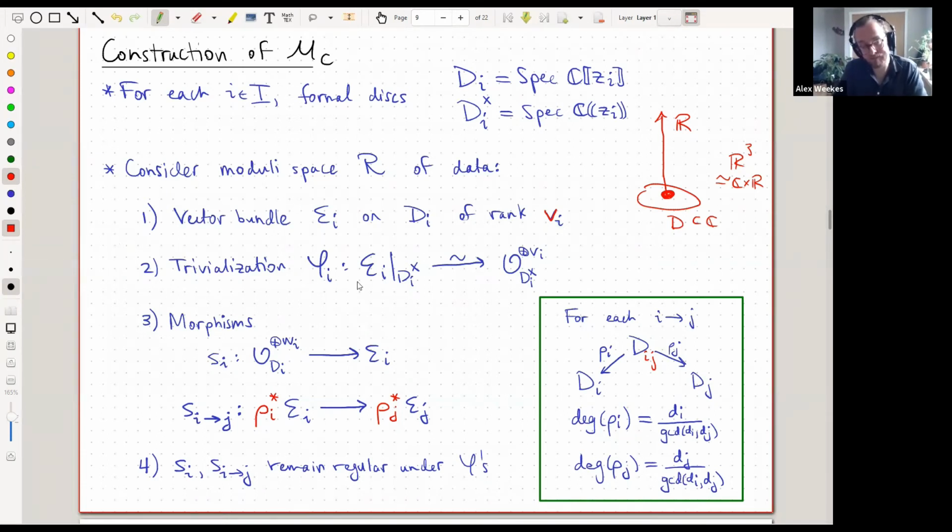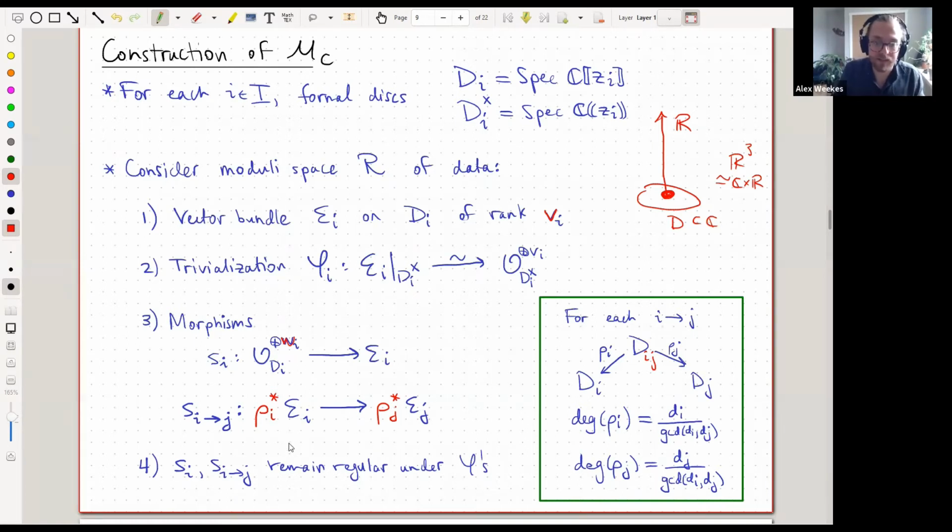And then what we also have is essentially for every edge in our picture, in our quiver, a morphism of bundles. So for every node, we have a map from a trivial bundle of rank WI, again that's part of the quiver data, to our vector bundle EI. And then for every arrow in the quiver, we have a map of vector bundles EI to EJ.